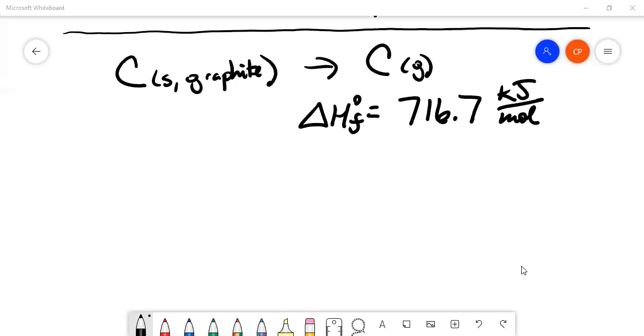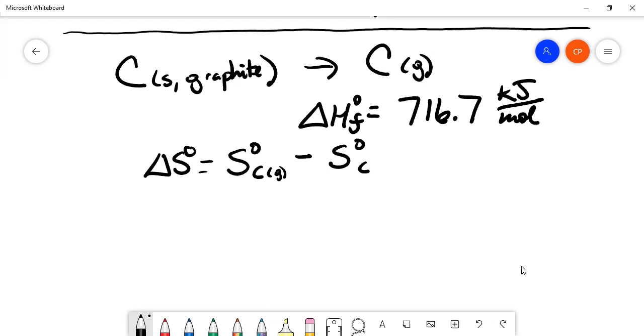And if I'm going to write out what delta S looks like for this reaction, I'm going to put a standard symbol because this is coming from the standard entropies. That's going to be equal to the standard entropy of my product, carbon in the gas phase, minus the standard entropy of my reactant, carbon in the graphite phase.